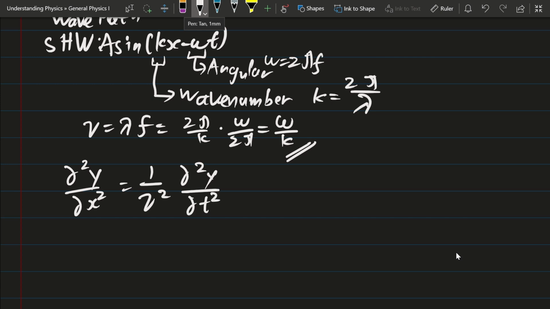So the units still make sense. This basically describes any type of wave. The y here is just a function. It could be current, it could be displacement, or many more. But for mechanical waves, you normally deal with displacements.